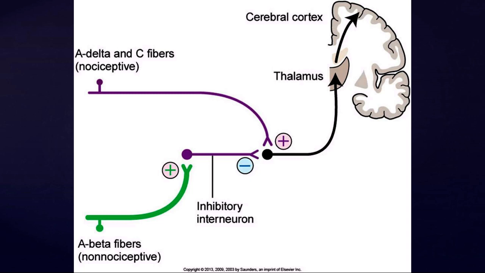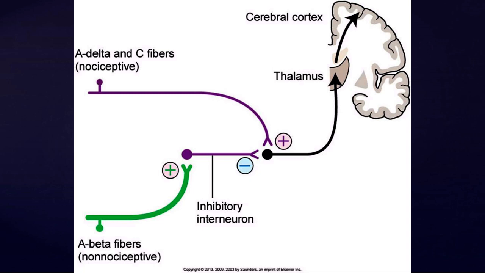So in the gate theory, we get these A delta and C fibers, nociceptive, meaning pain transmitting fibers, transmitting that pain up to the dorsal horn of the spinal cord, and from there going on another neuron to the thalamus, where we can perceive the pain. It comes to our attention.